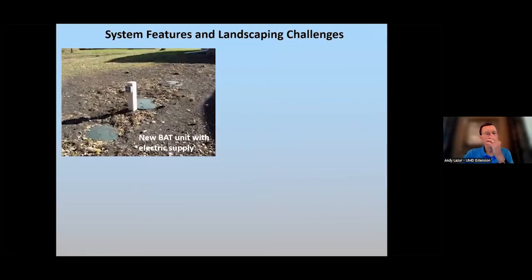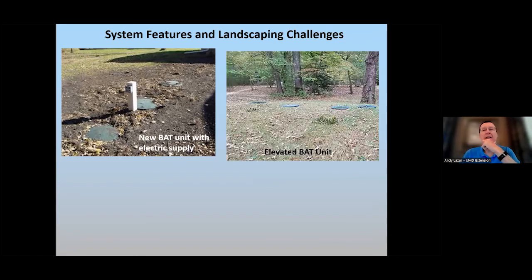So then, if we look at some of these features, this is a BAT unit with the electrical supply on a post, essentially right there. So looking at your backyard on your porch, this is not necessarily a very attractive thing. So what can you do with that?